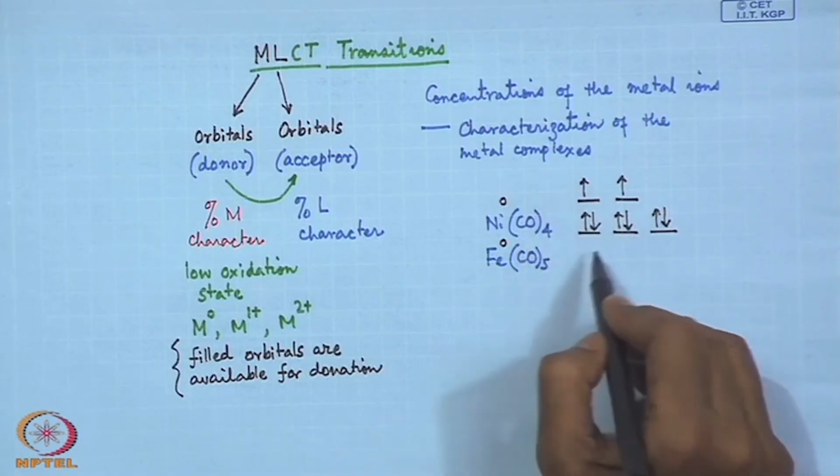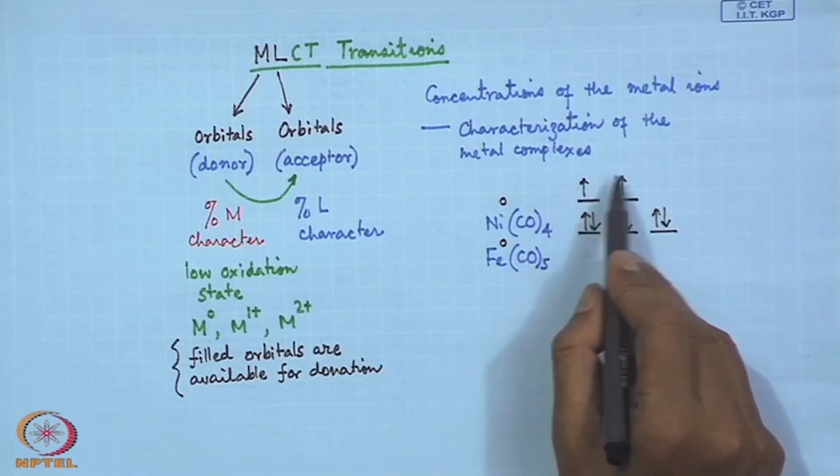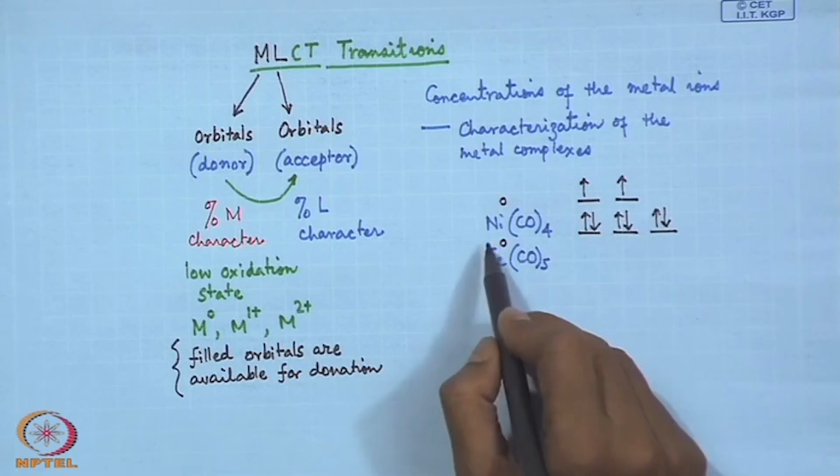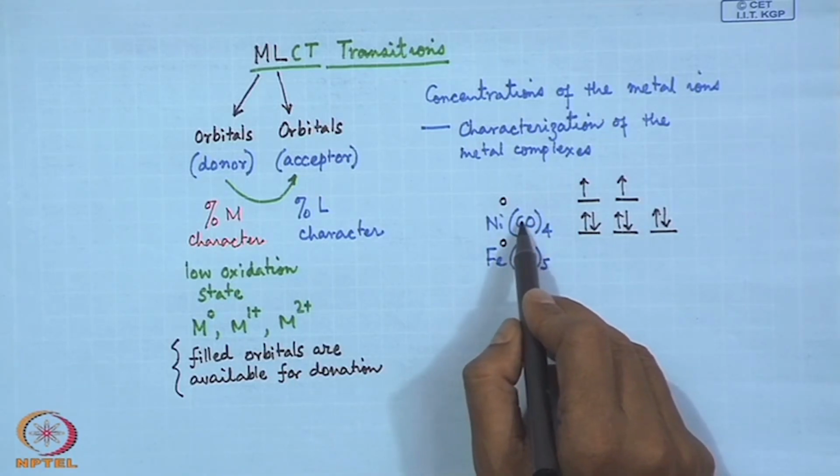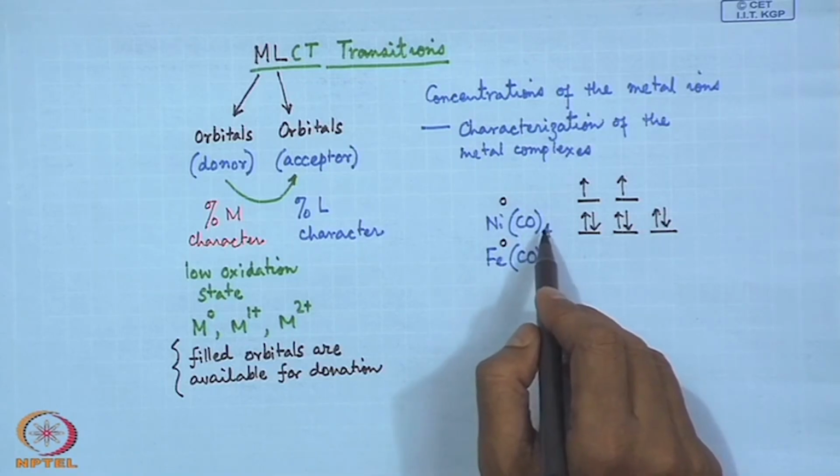And these orbitals are basically of sigma character because they are directly facing the corresponding ligands, which are in a tetrahedral geometry.